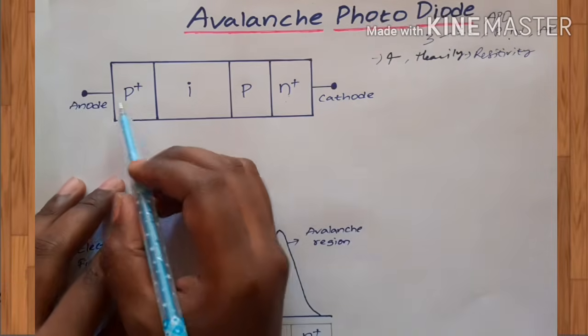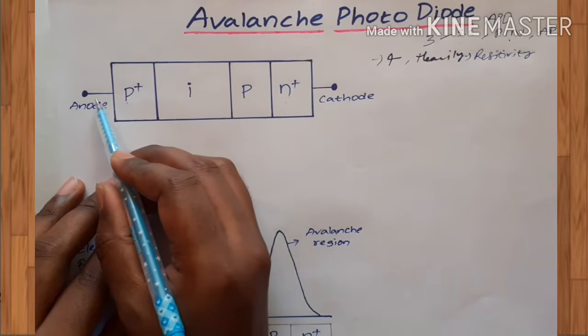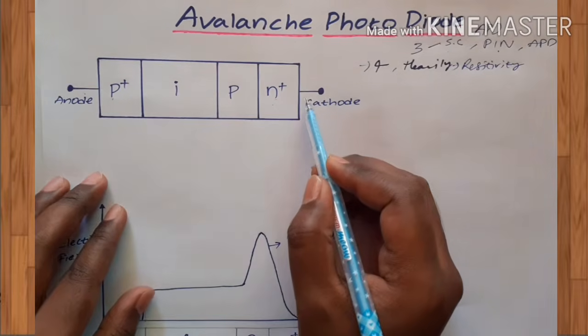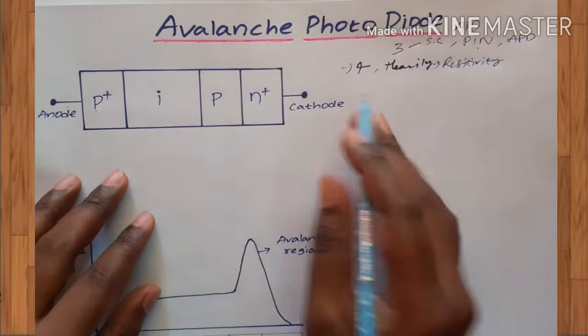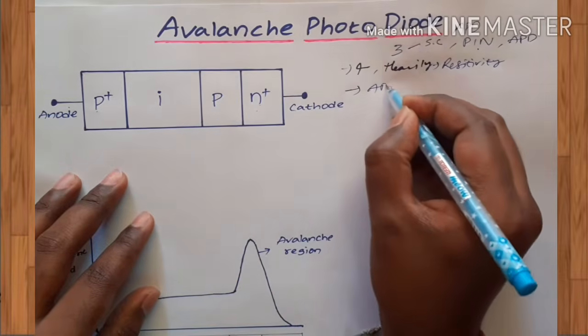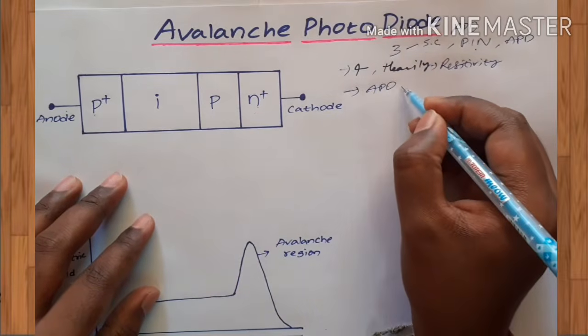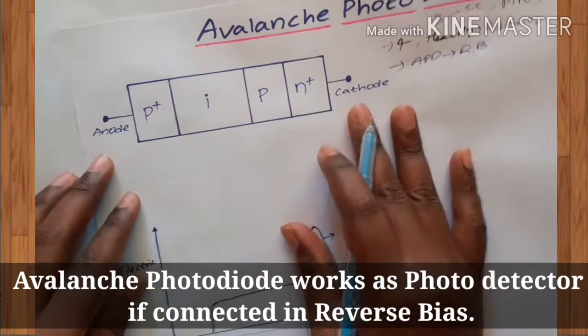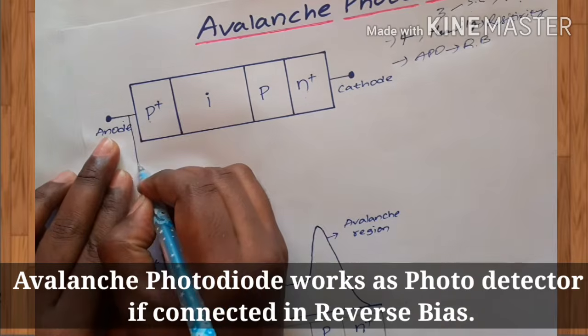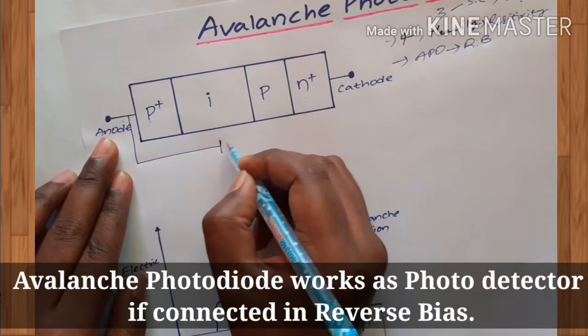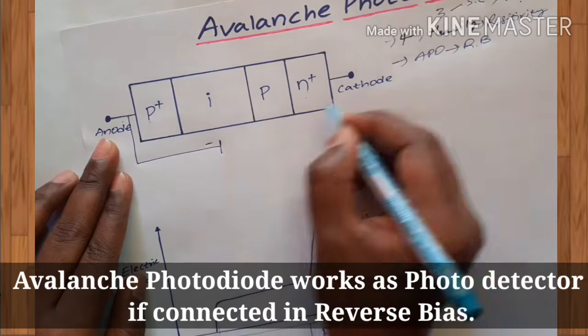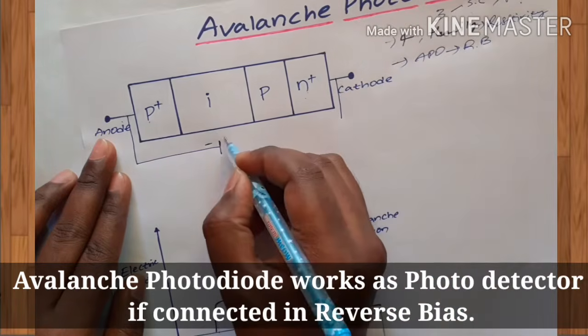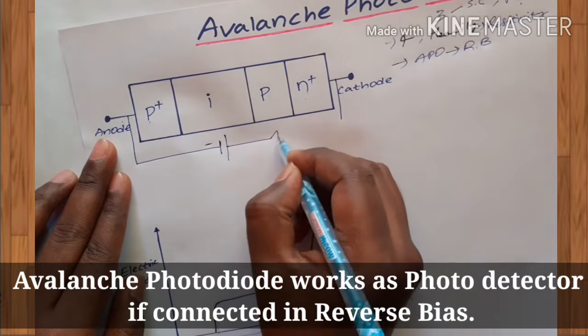In this structure, the P plus acts like the anode and N plus acts like the cathode. APD works like a photodetector whenever it is connected in reverse bias. That means the anode is connected to the negative terminal of the battery and the cathode is connected to the positive terminal through a resistor.